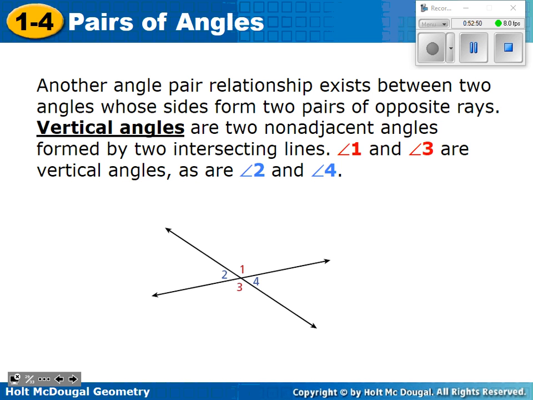Okay, vertical angles are going to be two angles that are formed by intersecting lines, and they are the angles that are across from each other. They are not the adjacent angles. So notice it says not adjacent, and they are formed by two intersecting lines. So when you look at this picture, and I'll draw it over here on the board as well, which angles in the picture are going to be vertical?